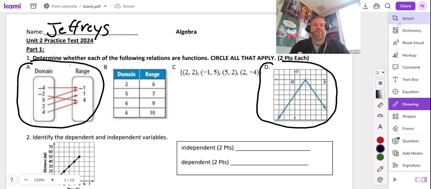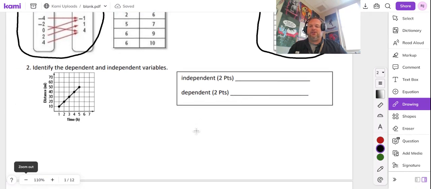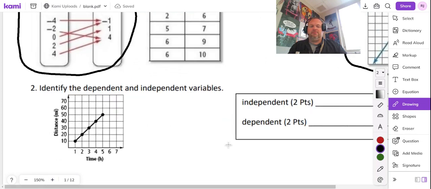And let's see for this. I know they changed Screencastify, so we'll see. I don't think I'm actually showing the orange sheet. For the orange sheet, X axis is the independent, Y axis is the dependent. So I would actually put that on there.